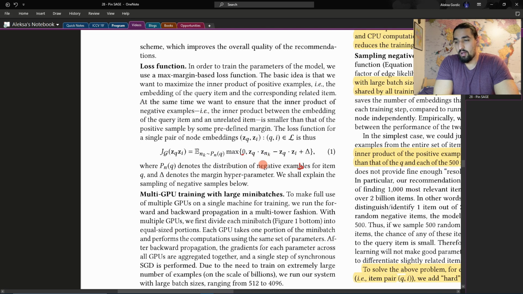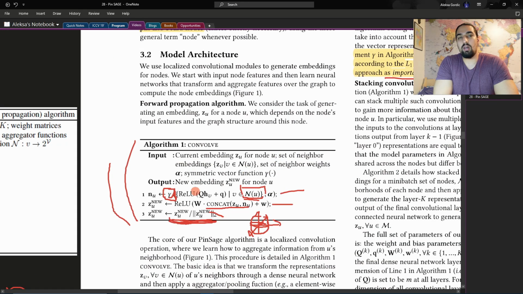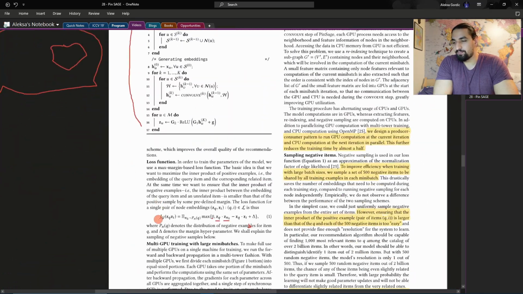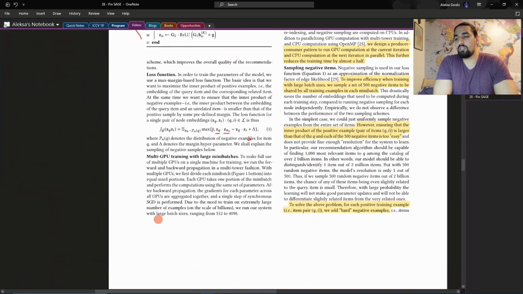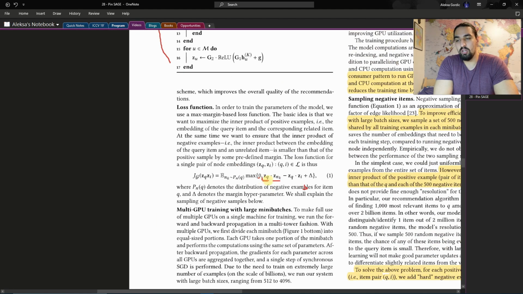So basically, the following happens. Z_Q, Z_Nk, all of these are the final representations that you end up having after you run the PinSage algorithm. So you end up with these Z vectors. Once you have them, you have Q, which is the query embedding, you have positive samples, which is Z_i, and you have negative samples, which is Z_Nk.